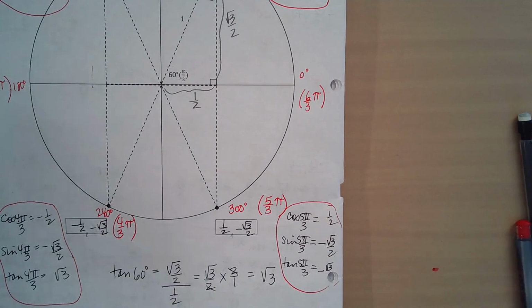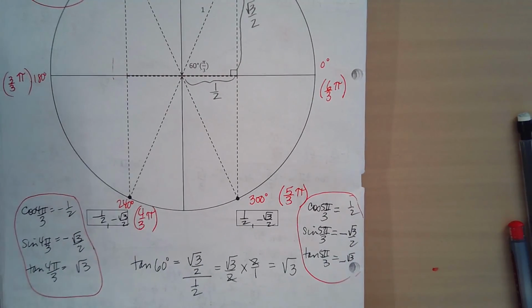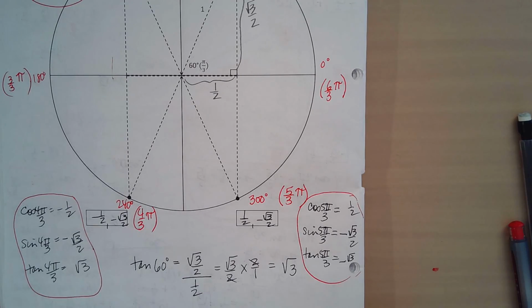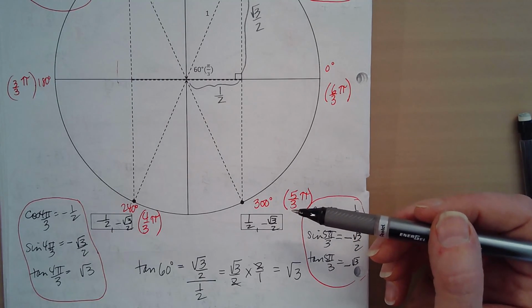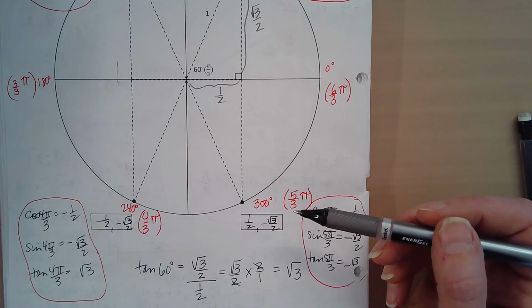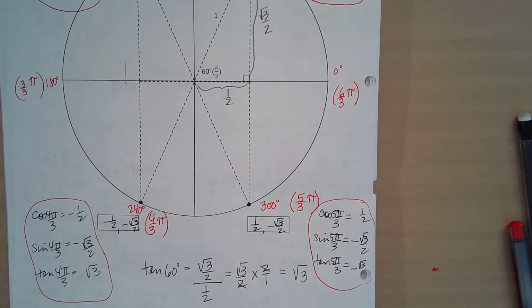And I guess, to be honest, even with the radian measure, sometimes students have a hard time remembering it. As long as you can remember the angle measures, you can always find the radian measure by doing a conversion. So the less you have to memorize, the better. You only really have to memorize a couple of values because these are just the flip.